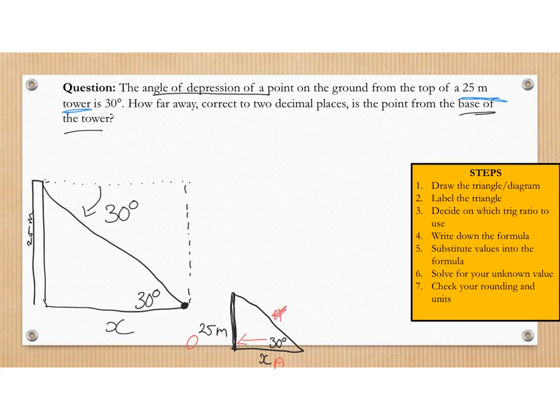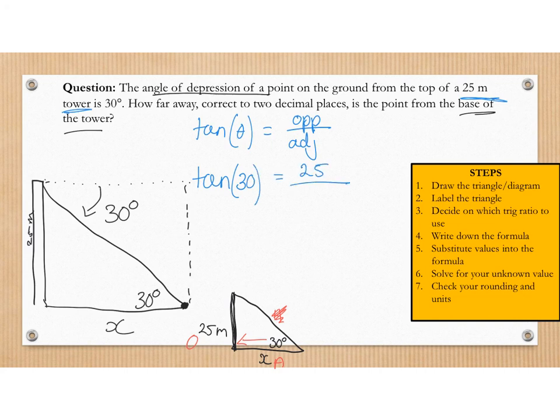And I'm not interested in this hypotenuse because I've got information or unknowns on my opposite and adjacent sides. So again, I'm going to be using my tangent ratio. Tan of some angle equals opposite over adjacent. And then I substitute in my values. So I've got tan of 30 is equal to my opposite value, 25, divided by x.